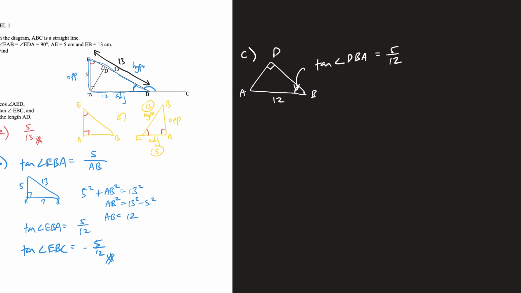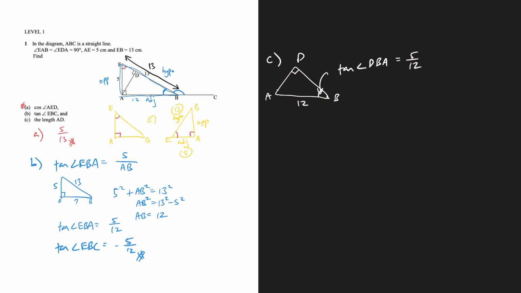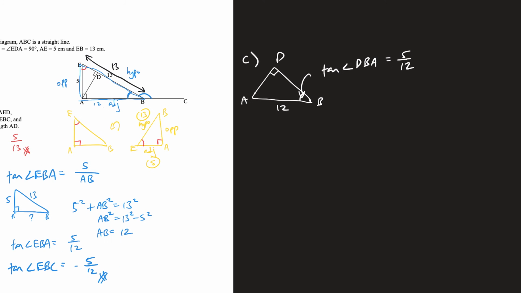So we can try to find angle DBA, which is simply tangent inverse of 5 over 12. I'm just going to leave it like this, because I don't want to round up or round down. Now I'm trying to find AD.